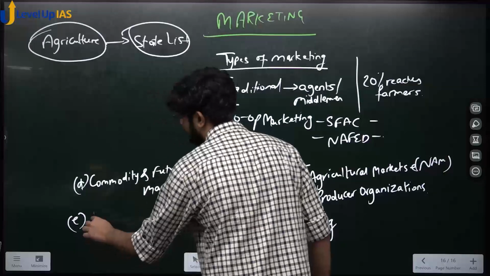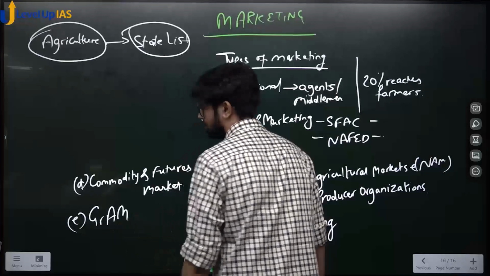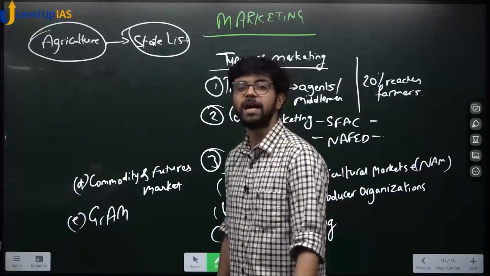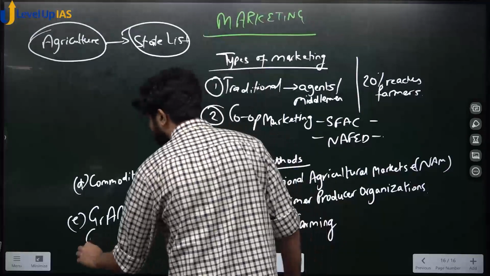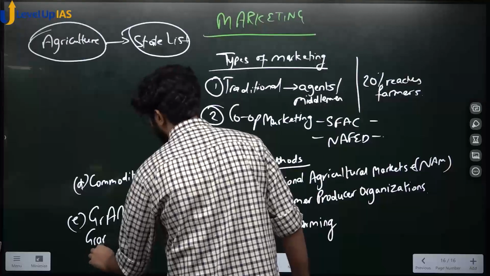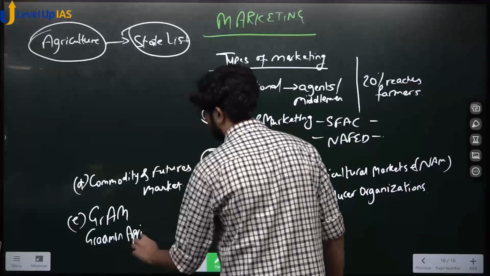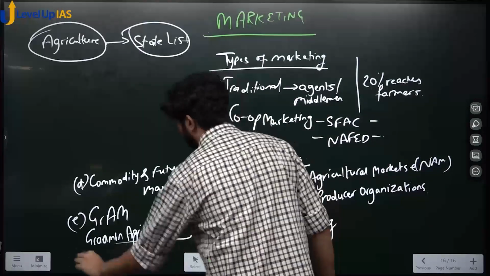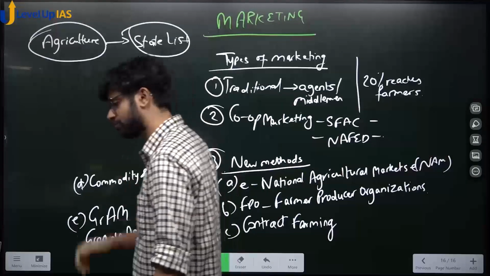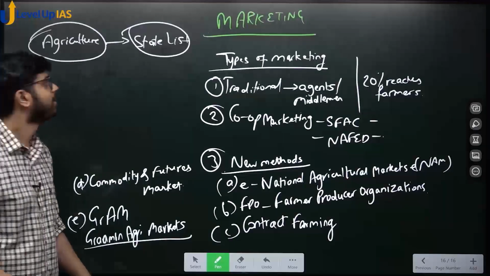They will be called GrAMs. What is GrAMs? Gramin agricultural markets. Okay, so that is also one of the methods. Gramin agricultural markets. Understood? These are modern methods of marketing.